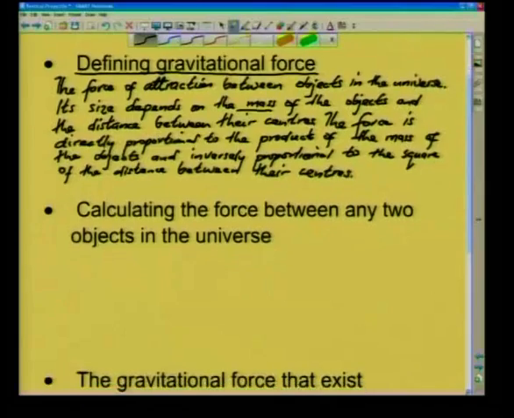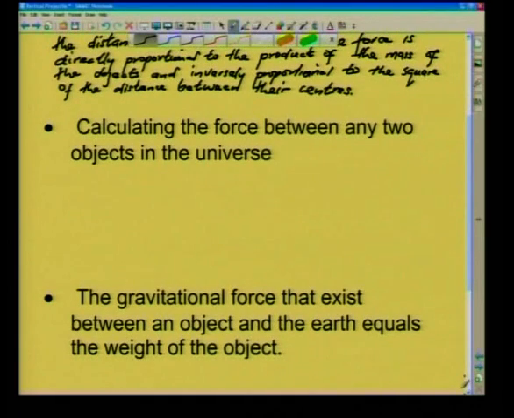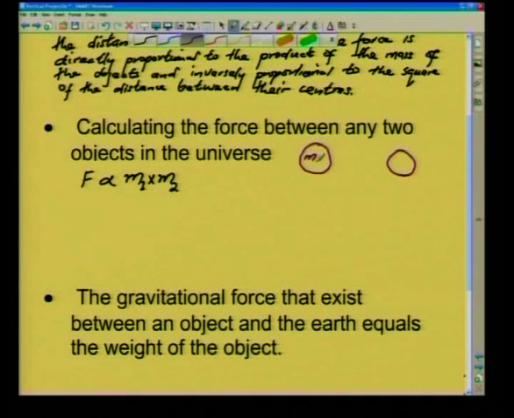Now, if we were to calculate the force of attraction between any two objects in the universe, like we have explained, it is directly proportional to the product of the masses of the objects. So if we're looking at two objects, say an object here and an object there, these objects will have mass: mass for object 1, mass for object 2.